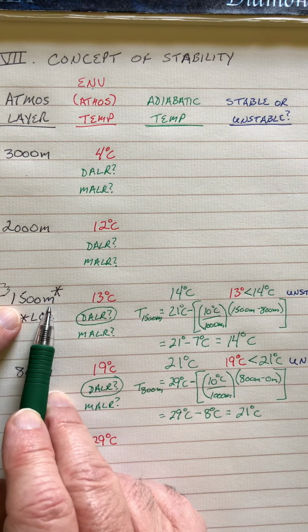Okay, at 2,000 meters, we start off with the temperature of the air at 1,500 meters. It was 14 degrees C. It's still rising and cooling, but now it's going to cool at a slower rate. We're going to switch to the moist adiabatic lapse rate, 6 degrees C per 1,000 meters. And we are going from 1,500 meters to 2,000 meters.